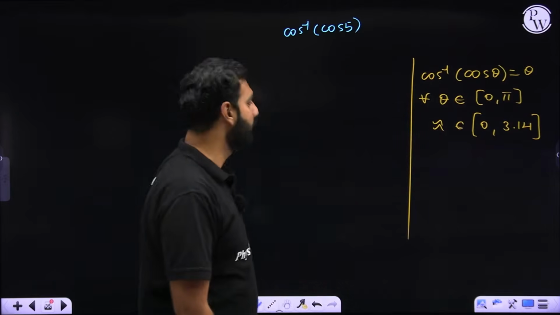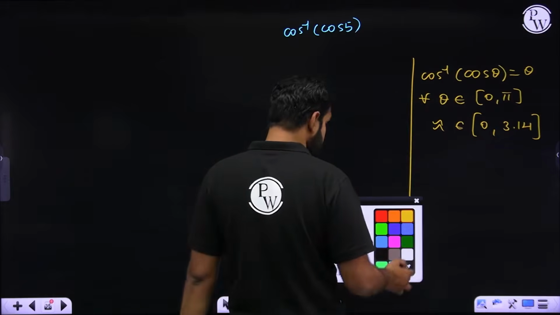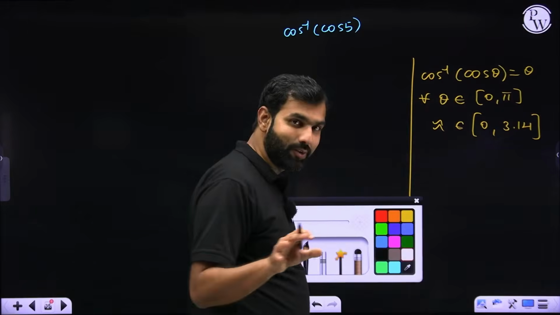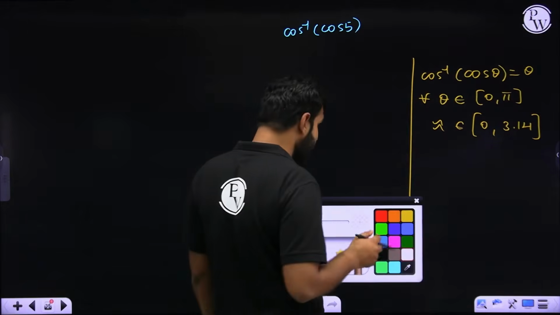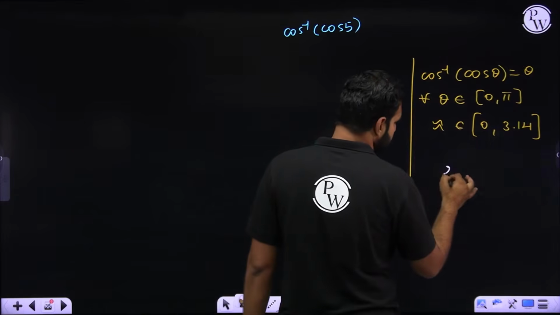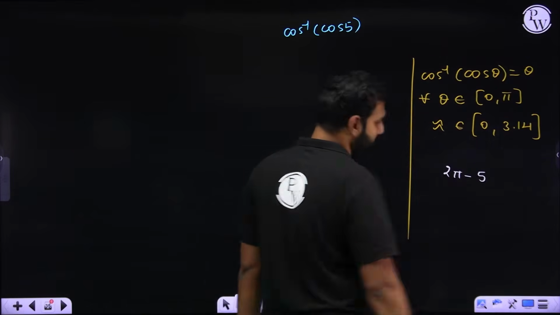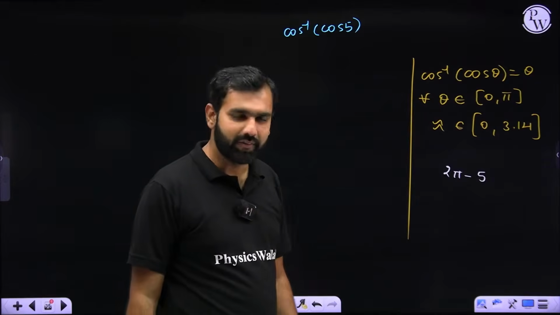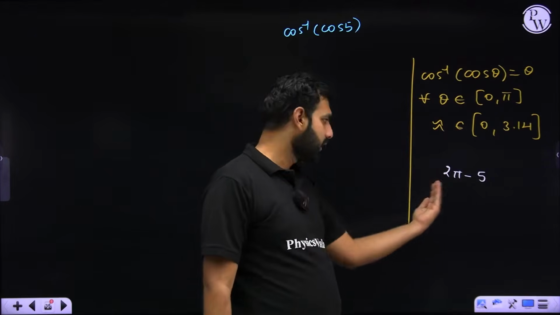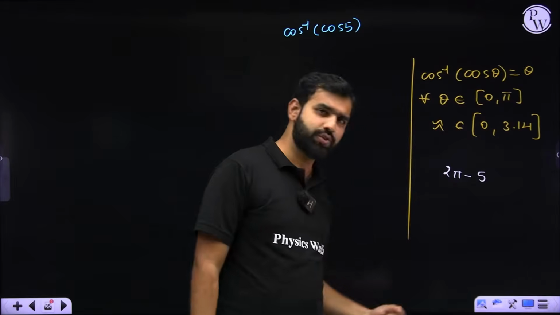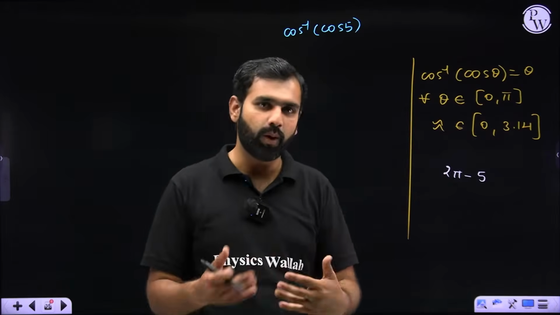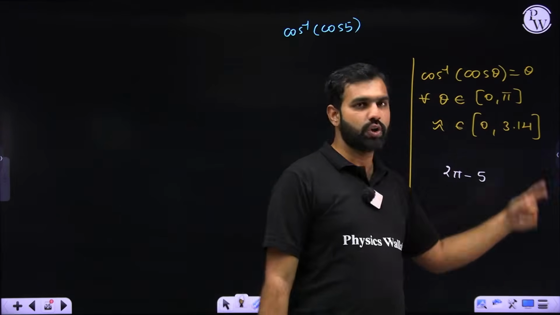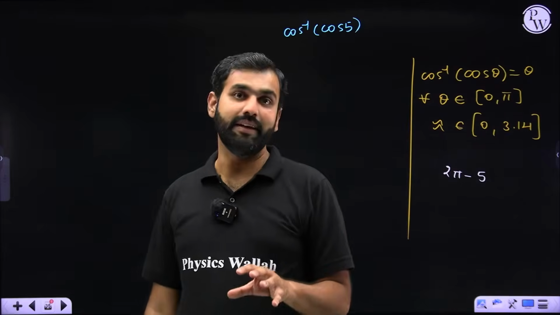But here I can use the periodicity. Can you say something about 2 pi minus 5? Yes, because the multiple of pi which is closest to 5 will be 2 pi, and that will give me the smallest difference, and through that I can ensure it will lie between 0 to pi. Did you get my intent, my motive?